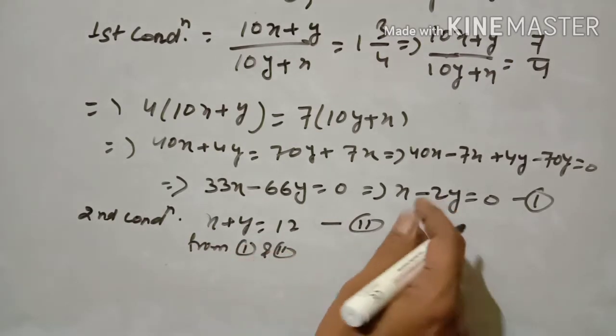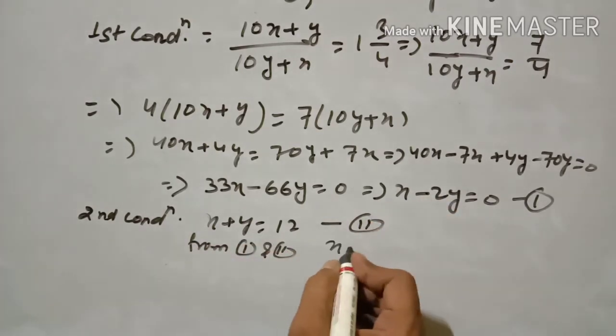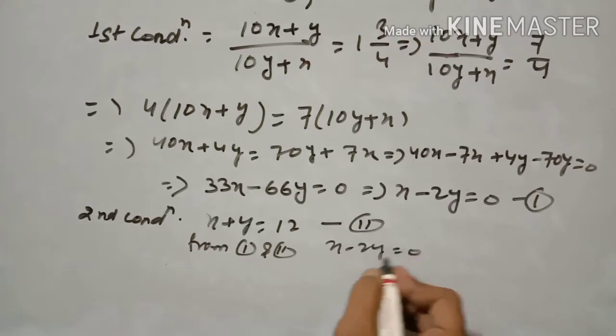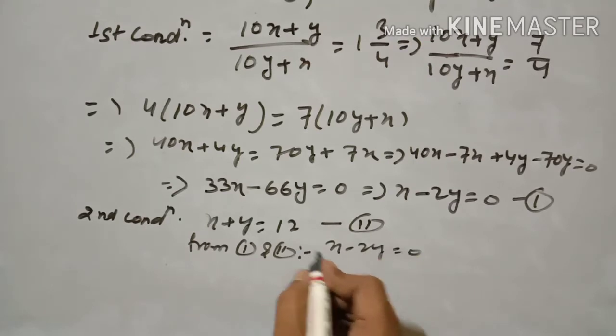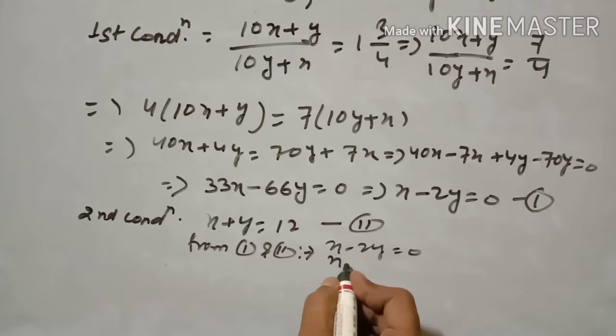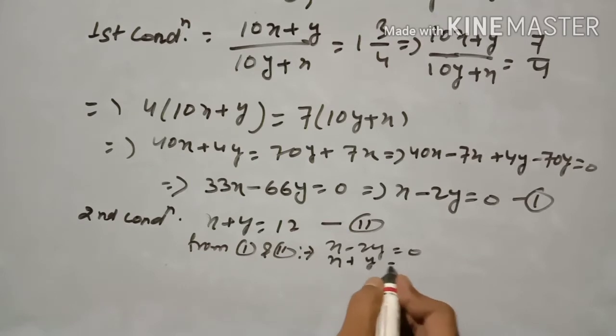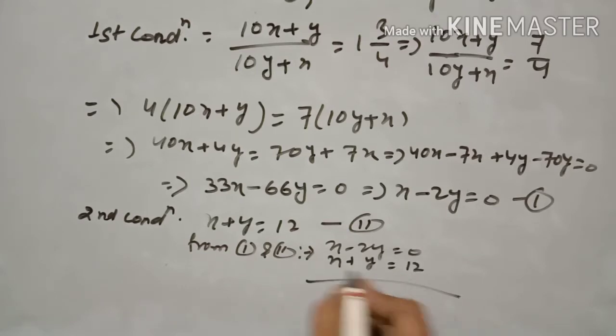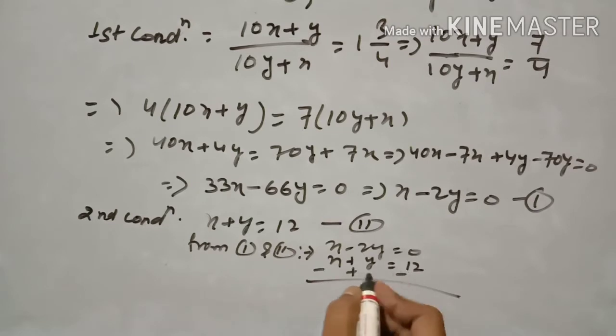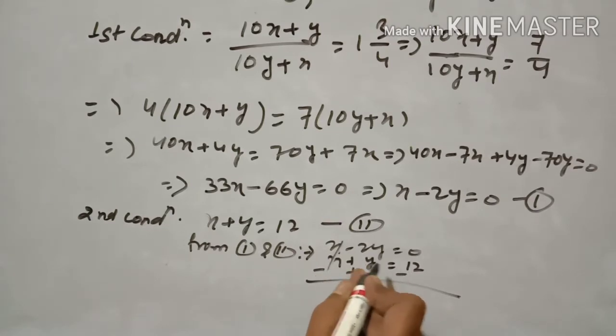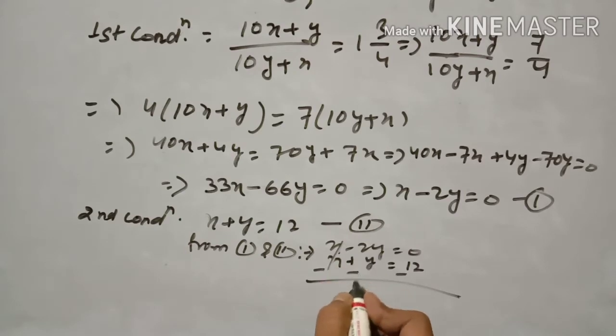x minus 2y equal to 0 and x plus y equal to 12. Subtracting, change the sign, so x is cancelled, and it will be minus 3y equal to minus 12.